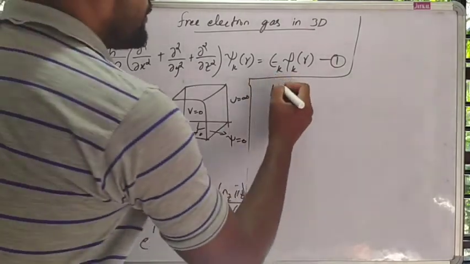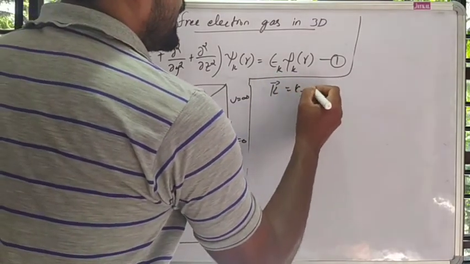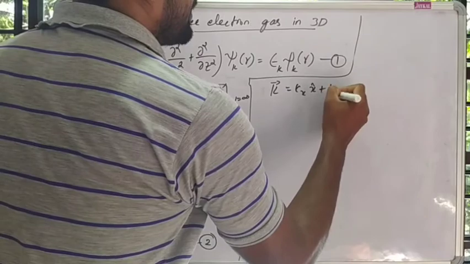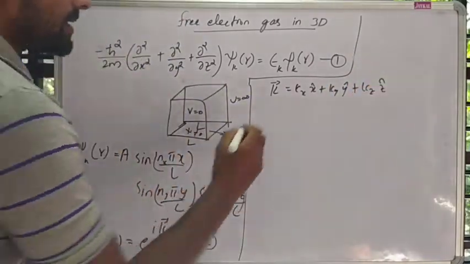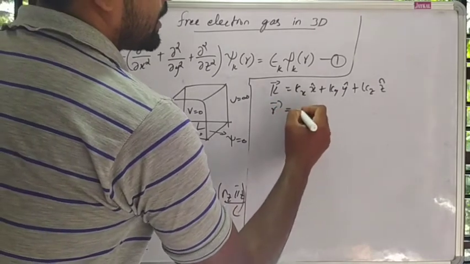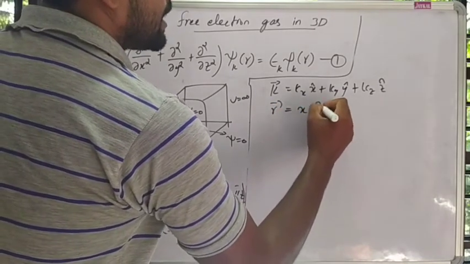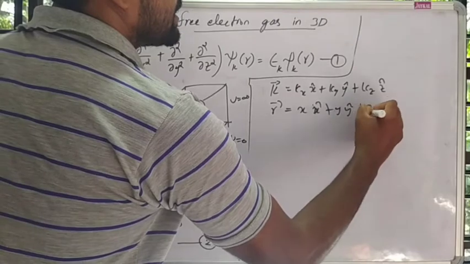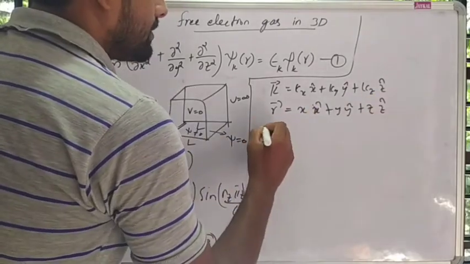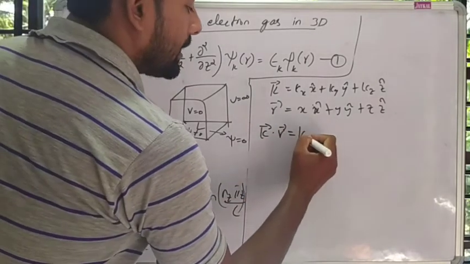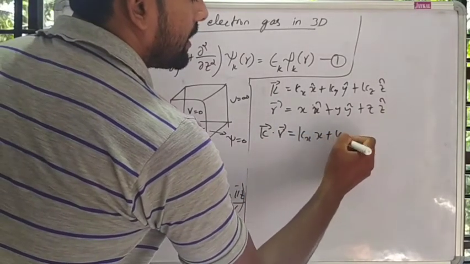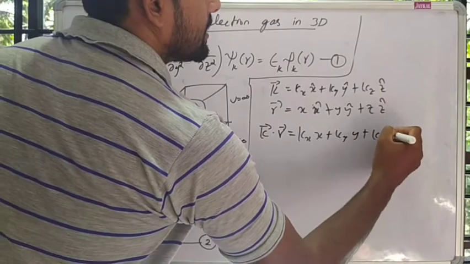The wave vector k is equal to kx x cap plus ky y cap plus kz z cap, and the position vector r is equal to x x cap plus y y cap plus z z cap, and we will get k dot r equal to kx x plus ky y plus kz z.